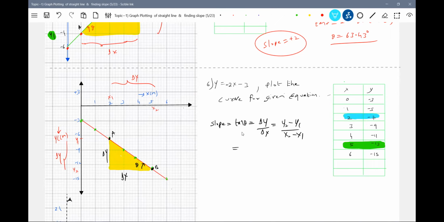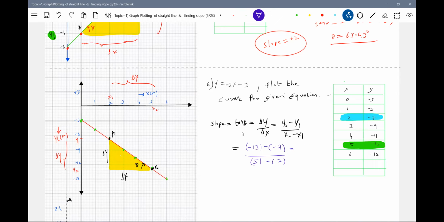Y2 is minus 13, y1 is minus 7, x2 is 5, x1 is 2. So minus 20.